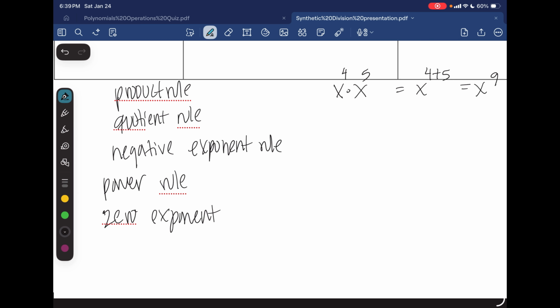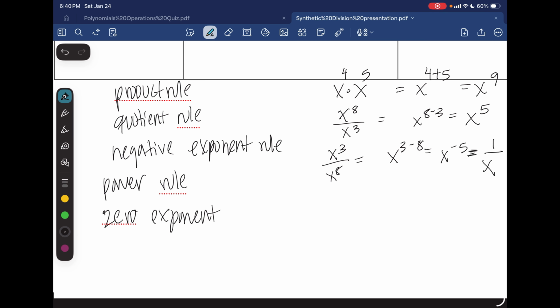Quotient rule: if you are dividing the same base, you subtract your exponents. Negative exponent rule: if you have x to the third divided by x to the eighth, you subtract, same thing, and you invert it upside down. Or it's bottom heavy, that's why it's at the bottom.